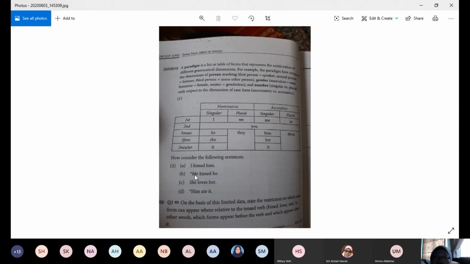So therefore it's ungrammatical. It should be in the object position, but now me is in the subject. And then we look at he. When we look at the table, he is nominative, third person masculine. But in sentence 2b, he is in the object position, the accusative. So the case is wrong.